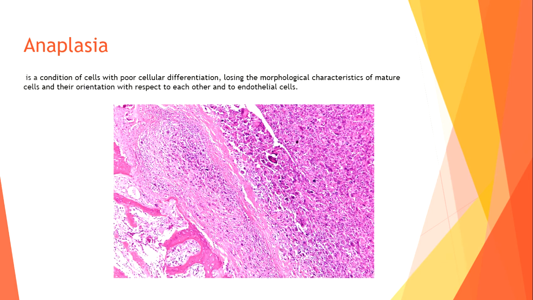Anaplasia is a condition of cells with poor cellular differentiation, losing the morphological characteristics of mature cells and their orientation with respect to each other and to endothelial cells.